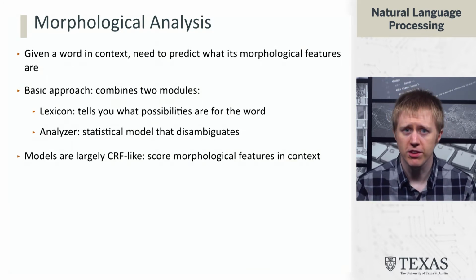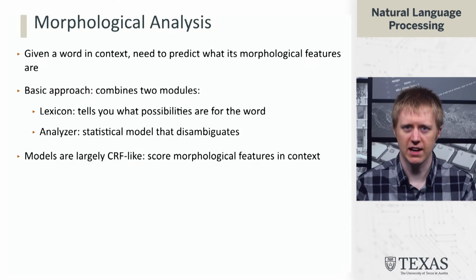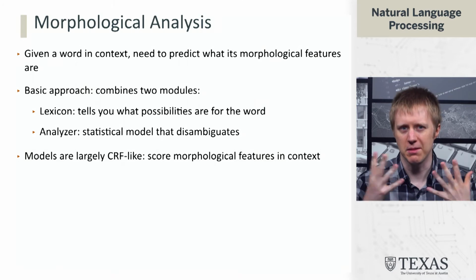Most of these models look sort of like CRFs. You could think of the same sorts of techniques that were useful for part of speech tagging and NER as being useful here. We're trying to get some grammatical information about a word based on the context, and the same sorts of ideas end up being helpful.